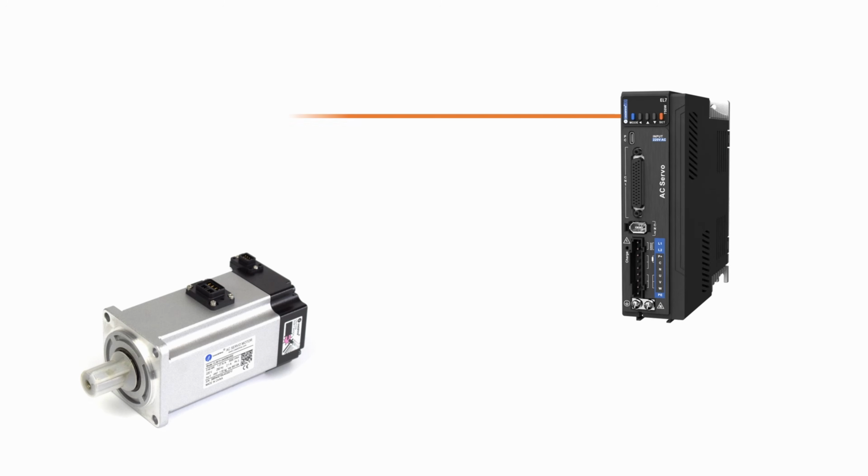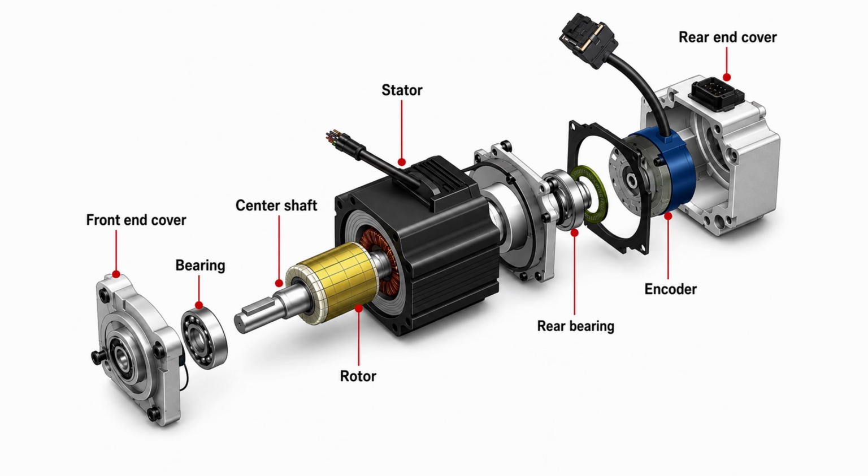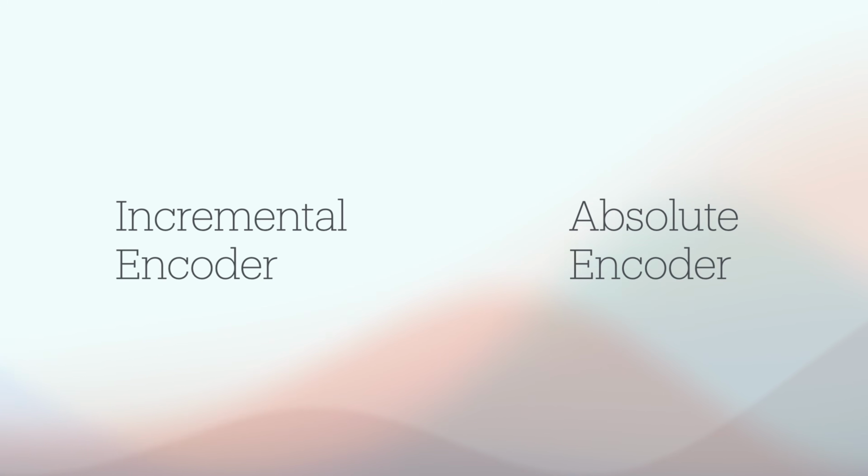The main feature of servo motors is closed-loop operation using high-resolution encoders. These encoders continuously monitor motor position and help maintain very accurate control even under high dynamic loading conditions. There are mainly two types of encoders in servo motors: incremental encoders and absolute encoders.